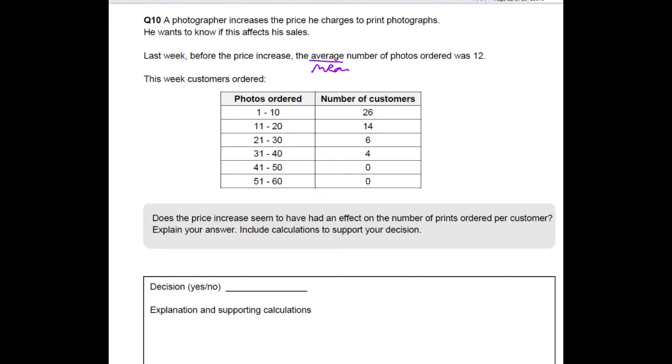In order to count our mean from our grouped data, we need the midpoint of these numbers. So the midpoint between 1 and 10 is 5.5. The midpoint between 11 and 20 is 15.5, and so on.